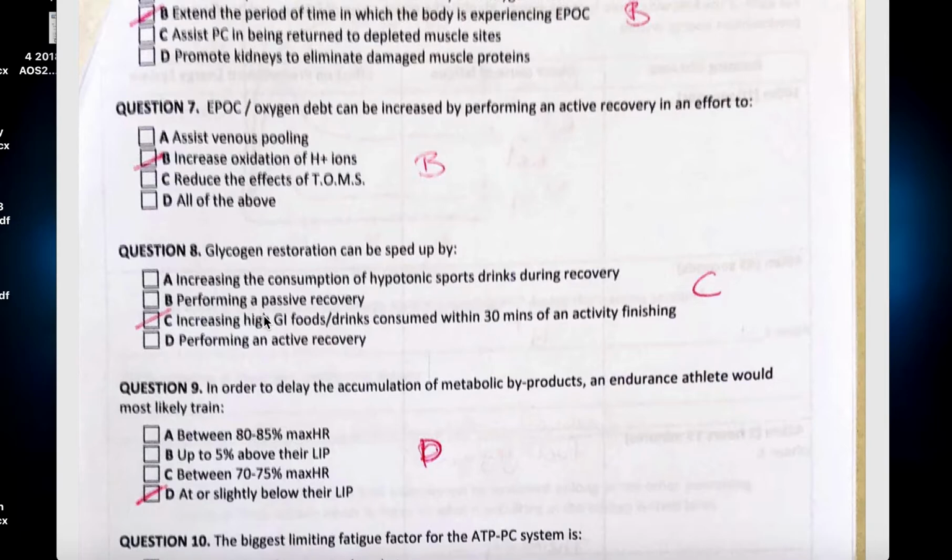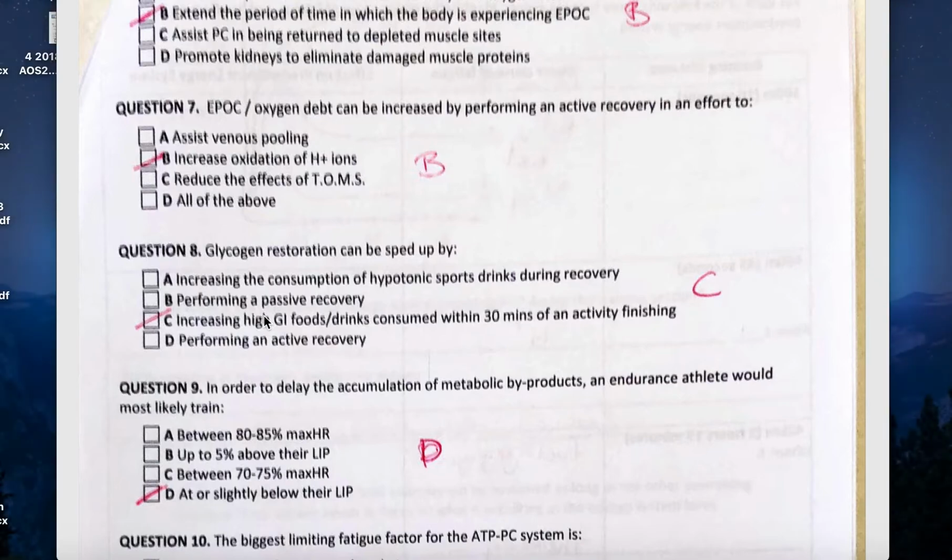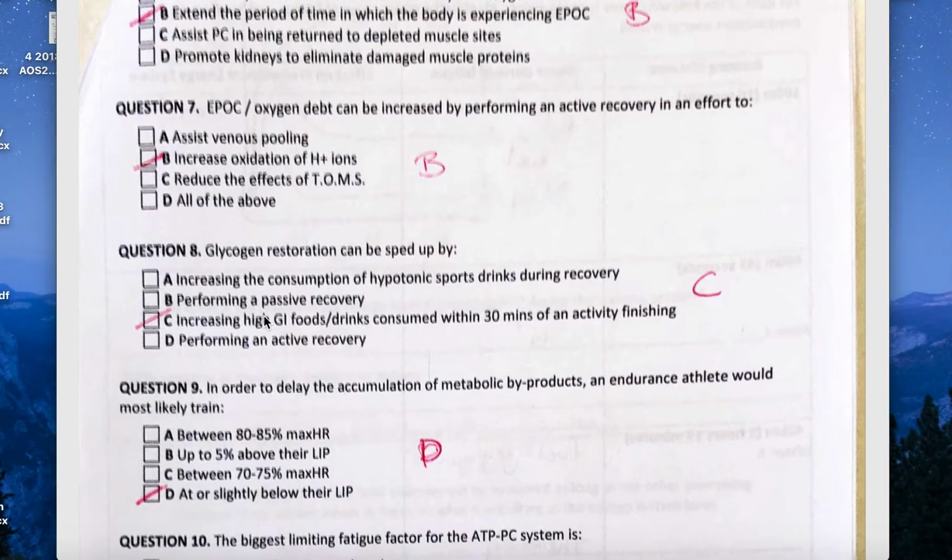Now, a couple of people wanted to choose all of the above because they thought the typo was for DOMS instead of TOMS. Now that is a typo. However, one thing that you need to understand is that the word assist in part A is actually incorrect because assist means to help out with.